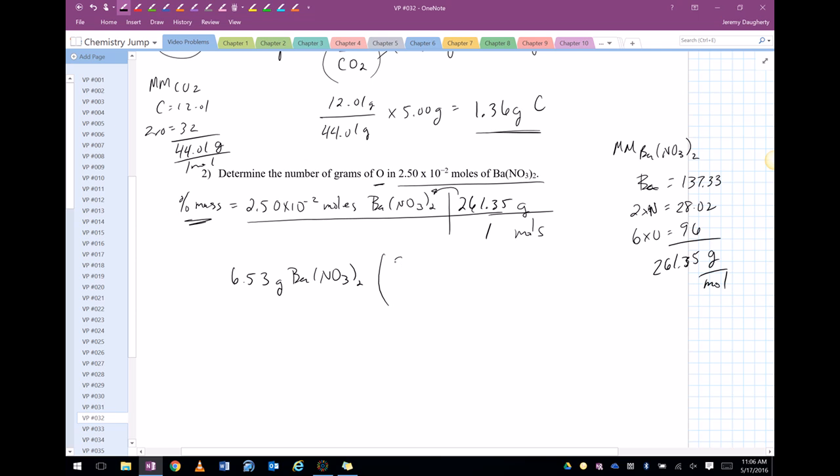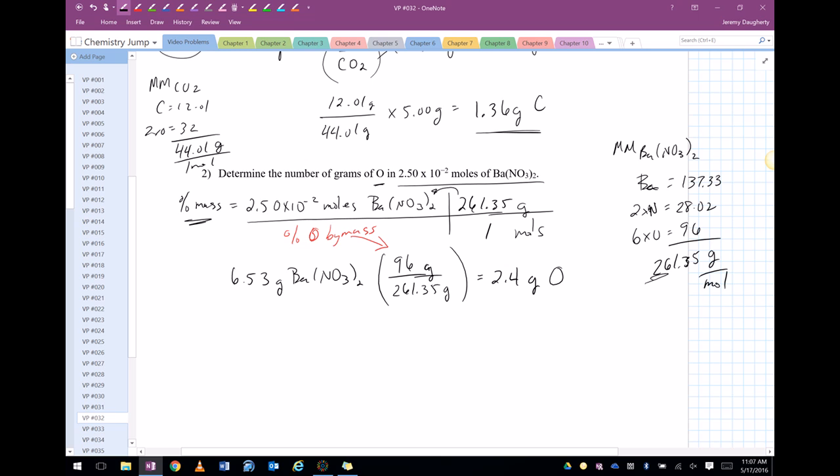So I'm going to take 96 over the molar mass, 261.35 grams, and this right here is the percent of oxygen by mass. Okay? And so I'm going to multiply that by 6.53 grams, that is 96 divided by 261.35 times 6.53, and I get a value of 2.4. So I get 2.4 grams of oxygen.